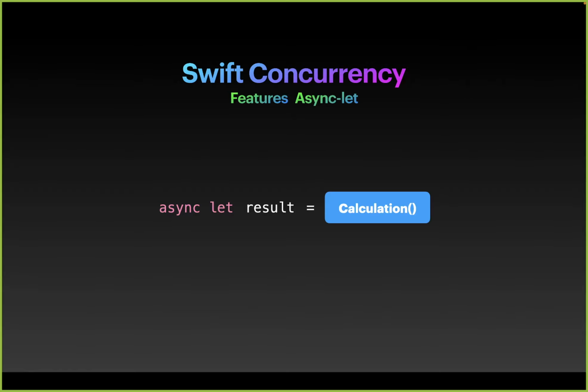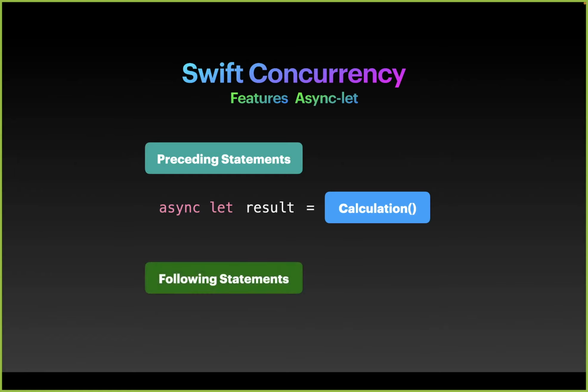When you are using async let, assume we have preceding statements doing some operations, and also following statements doing some operations after this line. The code flow is that first it executes all the preceding statements.